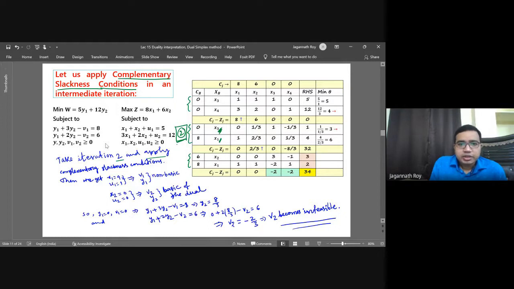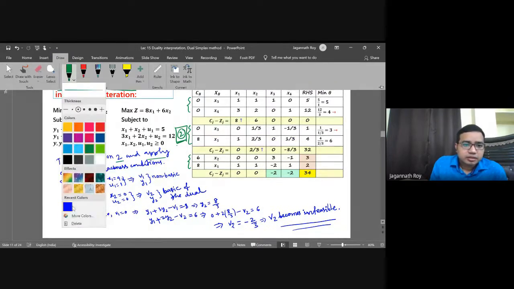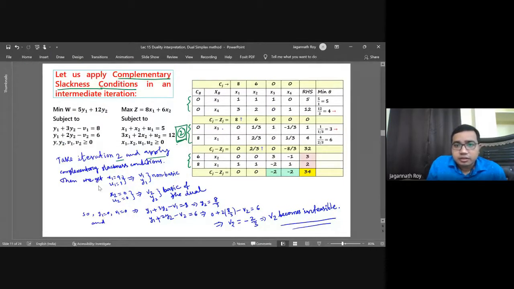So definitely we can say that the corresponding, let me just write down, not x3. I should have written here u1 and u2.